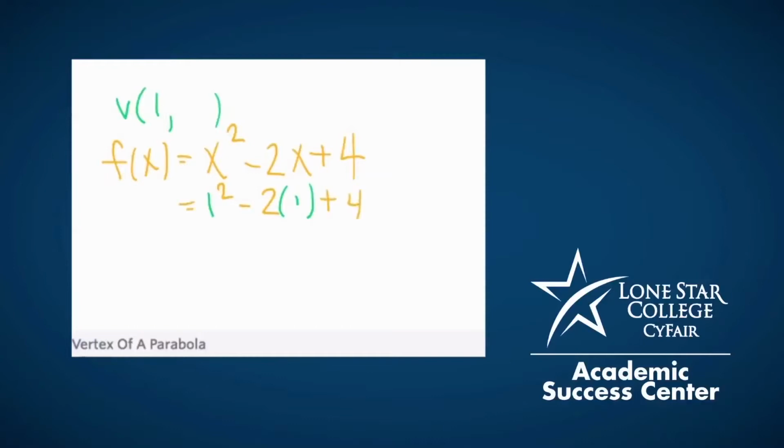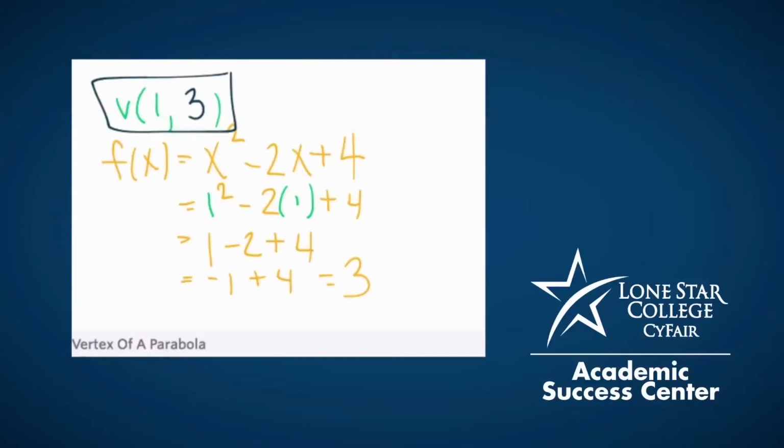Continuing to simplify, we have 1 minus 2 plus 4. That's a negative 1 plus 4, which is 3. So the vertex for this one is 1, 3. And that's your vertex. Let's do another one.